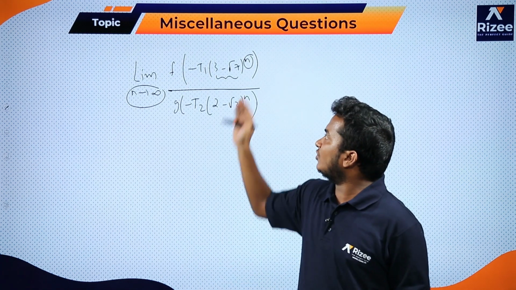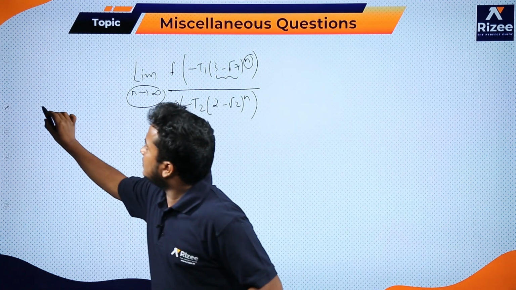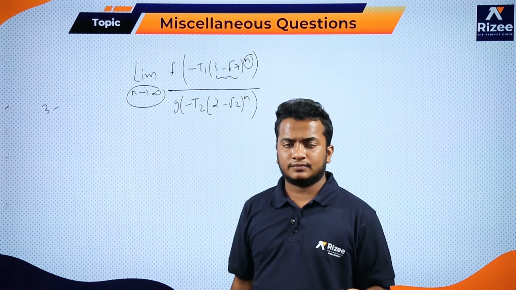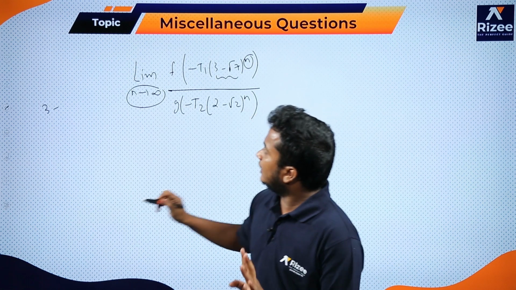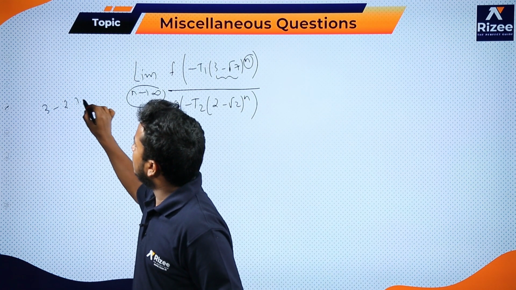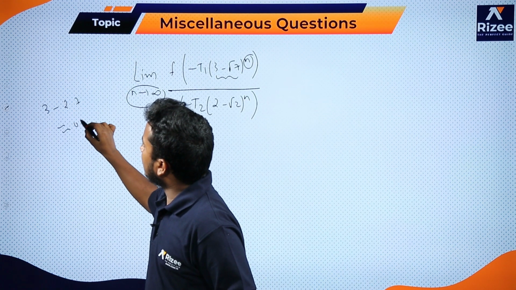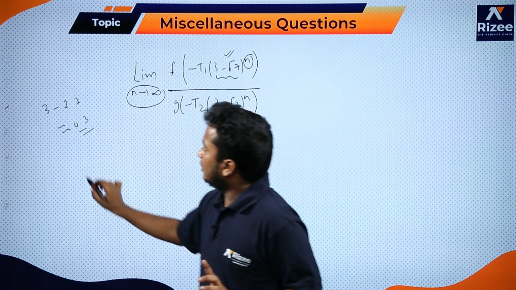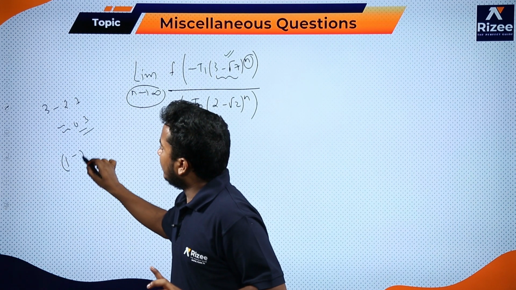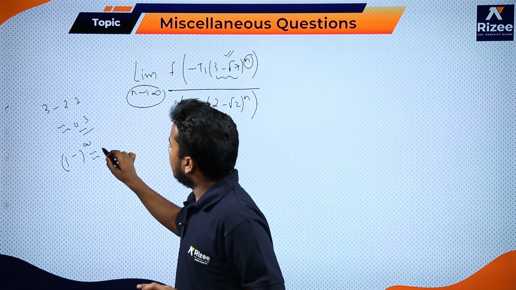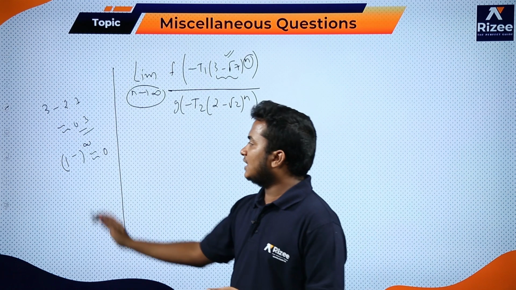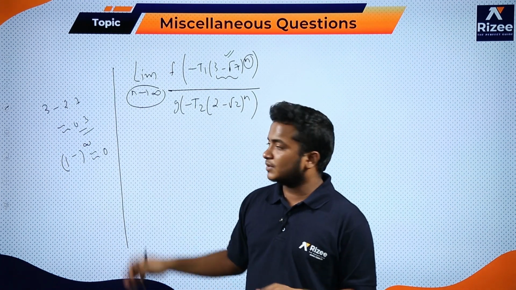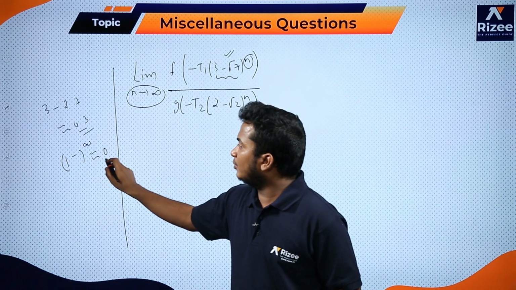It depends on the value of 3 minus root 7. Root 7 is between 2 and 3, like 2.7ish, so 3 minus root 7 is approximately 0.3, which is less than 1. Less than 1 whole power infinity will be 0. I am taking a number less than 1 and multiplying it an infinite number of times. The result will be 0.